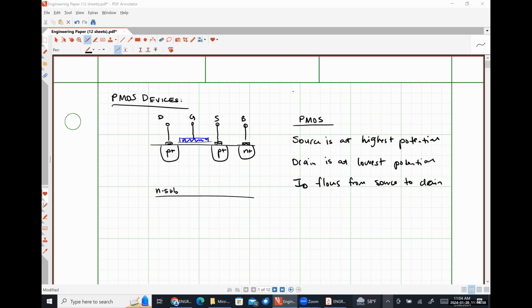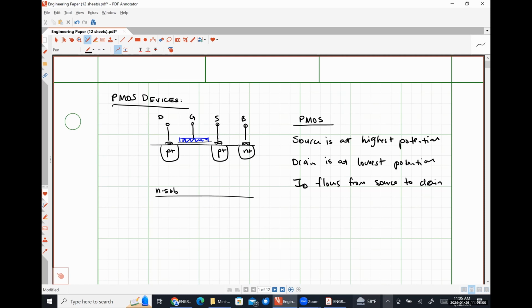So we're not going to go through a full derivation of threshold voltage and all of that kind of stuff because effectively it's the exact same process, except now we're pulling minority carrier holes into this region to form our channel, and effectively everything else works literally the exact same way, right?